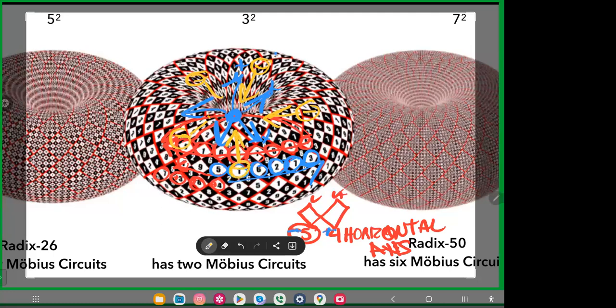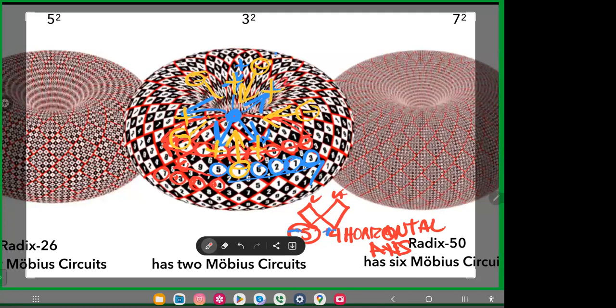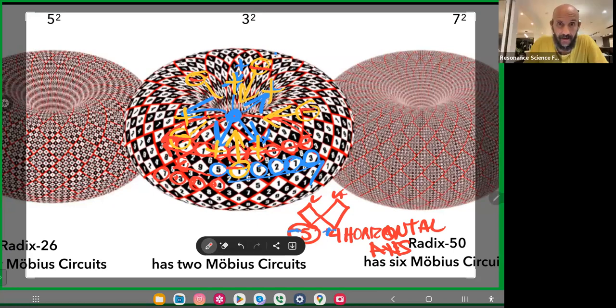Polarity comes from the inside out. These are all positive, positive, positive, positive, positive, and these are all negative going in. Positive draft makes negative counter space.